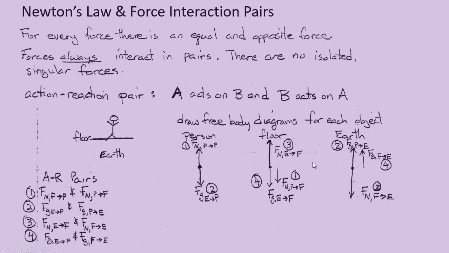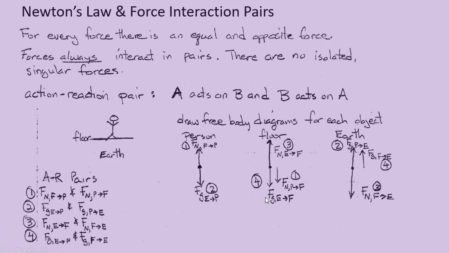Then if we go to the floor force diagram, we have a normal force, the earth pushing up on the floor. The reaction force to this will be a normal force with the floor pushing down on the earth. So we go over to the earth's free body diagram and indeed we find the reaction pair. And then we have another force on the floor's force diagram.